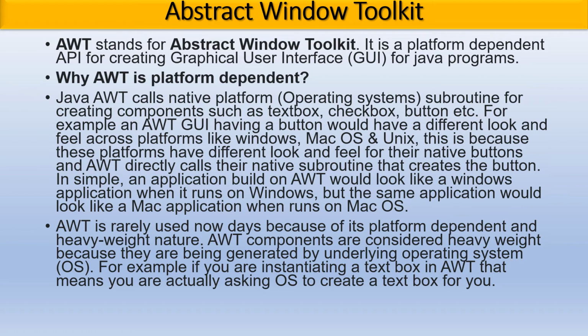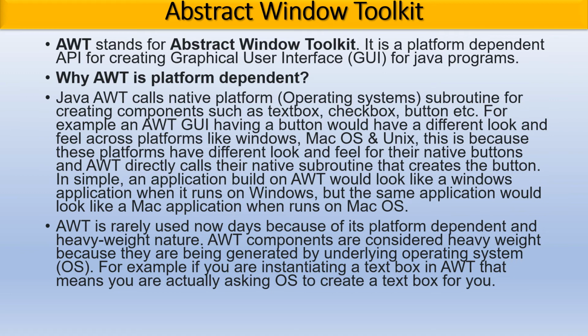A simple application built on AWT would look like a Windows application when we run it on Windows, but the same application would look like a Mac application when we run it on the Mac operating system, that is Macintosh.